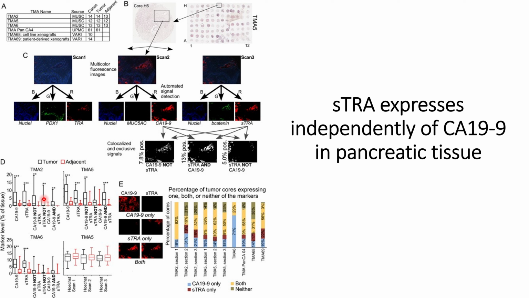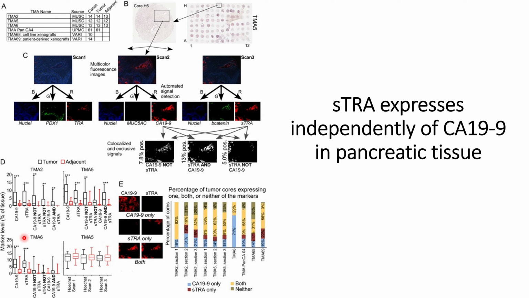This indicates that CA19-9 and sTRA seem to be predominantly markers of the pancreatic tumor tissues, not the healthy tissues. When they did it for TMA5, they saw similar results: CA19-9 with sTRA is significantly higher, and CA19-9 only is also significantly higher, but sTRA only is not statistically significant compared to the adjacent tissue, though it is higher.